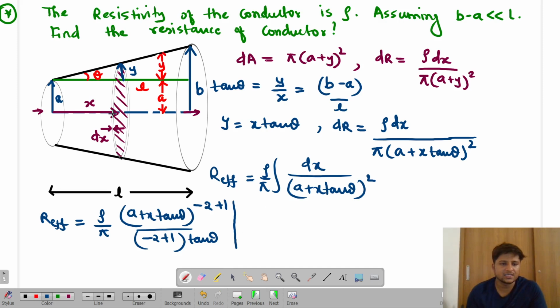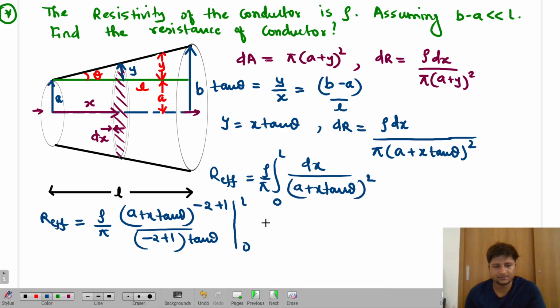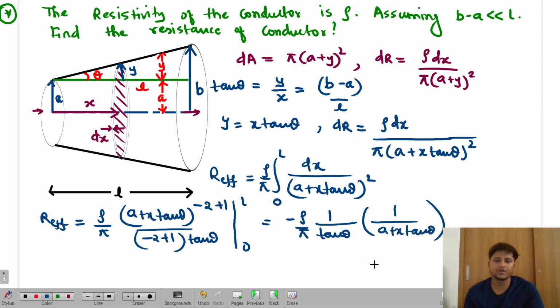Look over here, x is from where to where? 0 to length L. So the integration must be taken from 0 to length L. I'll get minus of rho by pi tan theta, into 1 by (a plus x tan theta). This is my whole relation, and that varies from 0 to length L. Is that clear?